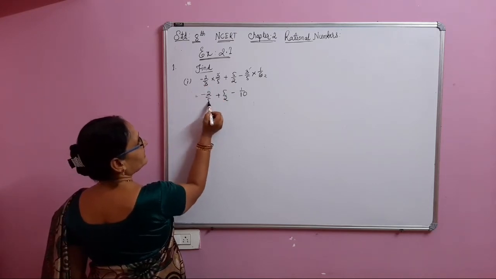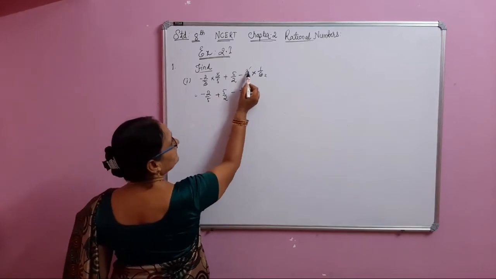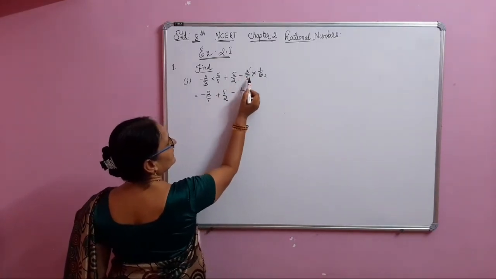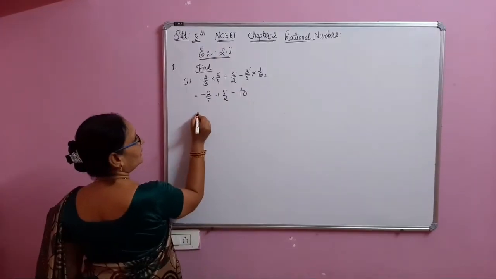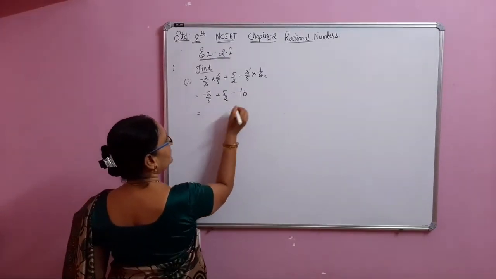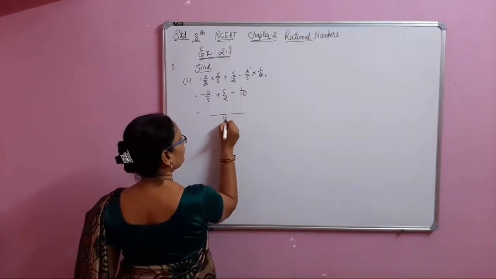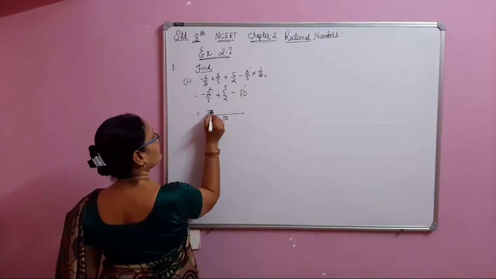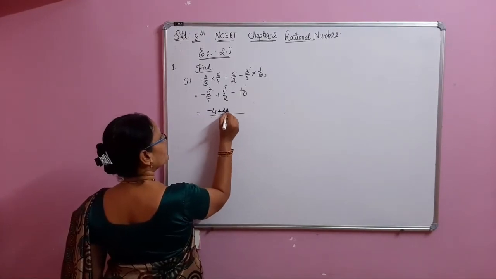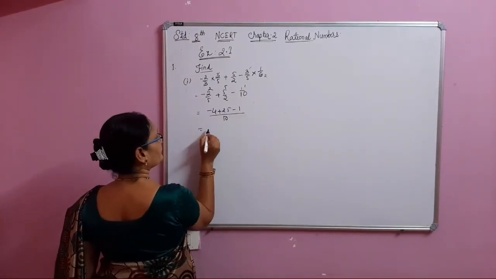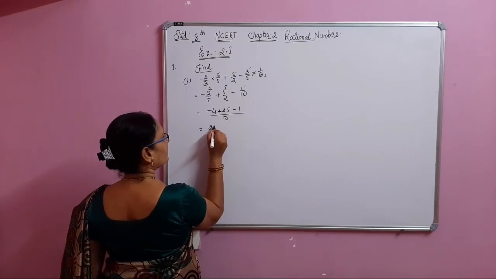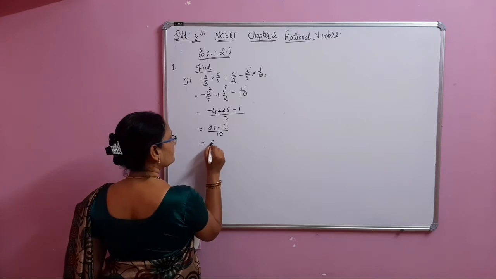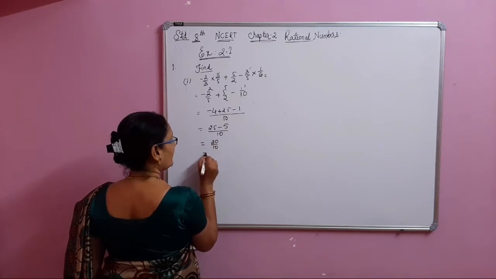Minus 2 by 5 remained here, 5 by 2 as it is here. 3 1s are 3, 2 3s are, minus 1 into 1 is minus 1, 5 2s are 10 remained. Now the LCM of these 5, 2, 10 is 10. So 5 2s are 10, minus 4 plus 25 minus 1. So this is 25 minus 5 divided by 10, so this is 20 by 10. The answer is 2.